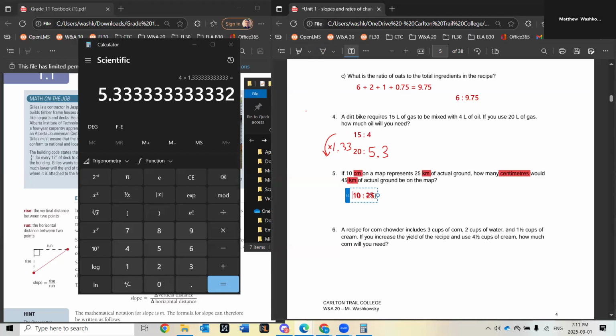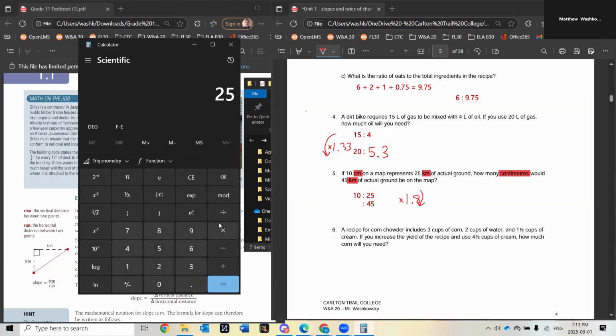I want to know, well, what about if it was 45 kilometers? How many centimeters would it be then? Same thing, right? 25 times something gives me 45. So 45 divided by something gives me 25. How do I find the something? I take 45 divided by 25. 1.8.